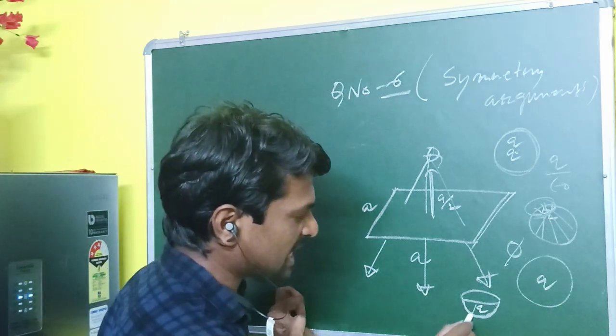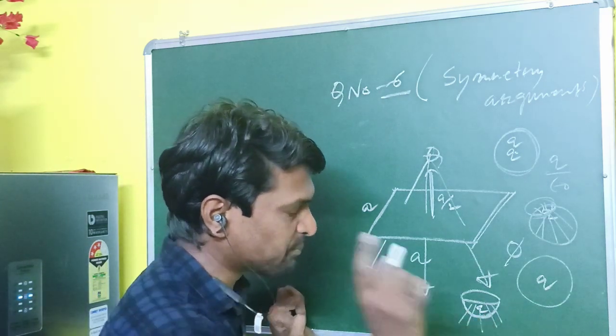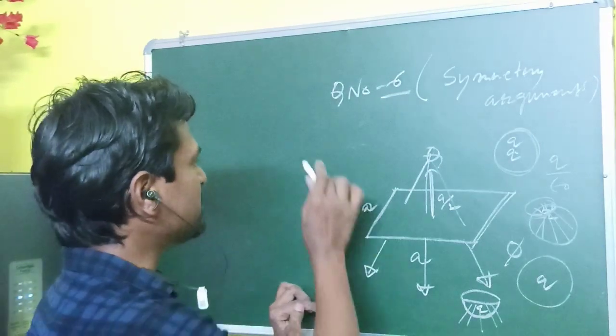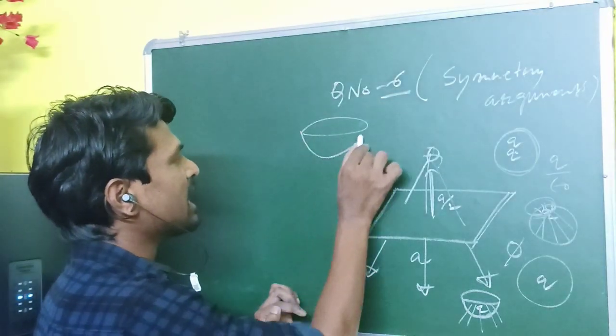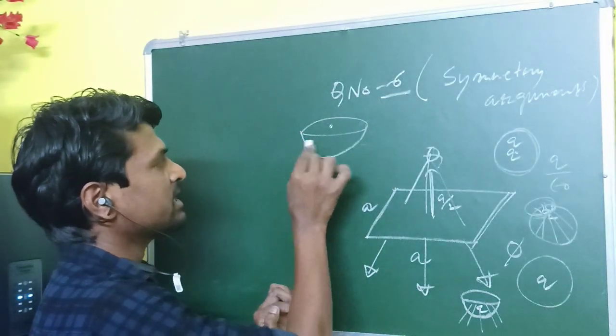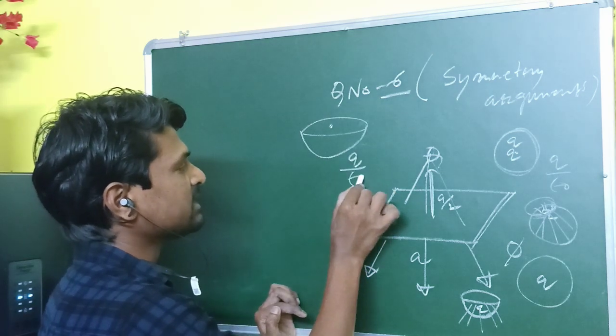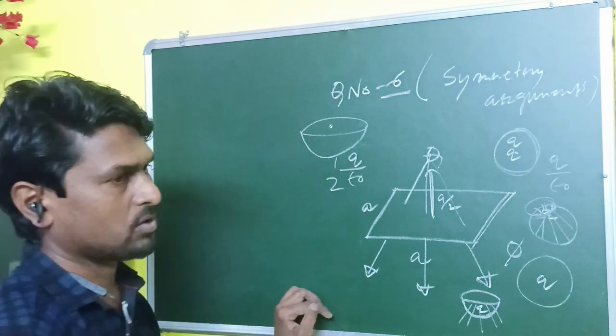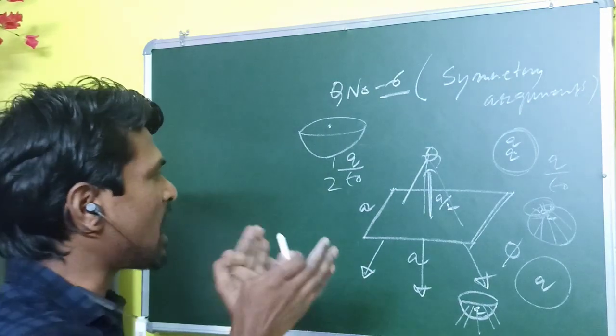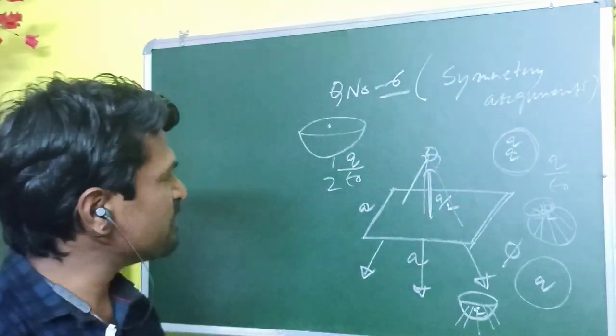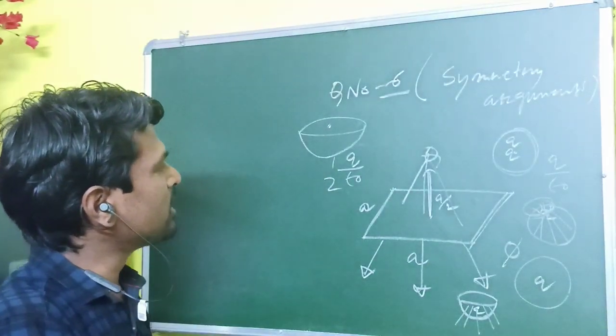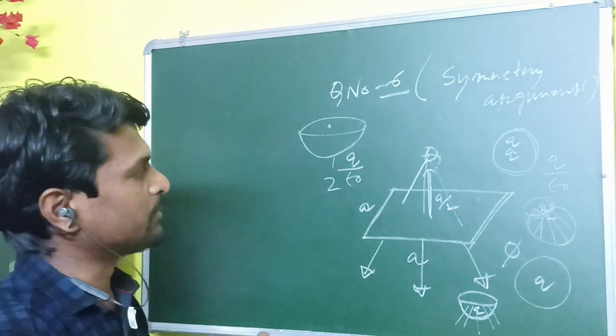And if a charge is given at a hemisphere at that position, you cannot calculate the flux or apply Gauss's theorem. But if the charge is at the symmetrical position, then you can say the flux is half of Q by epsilon naught. So you can signify that when the charge is at a symmetric position.